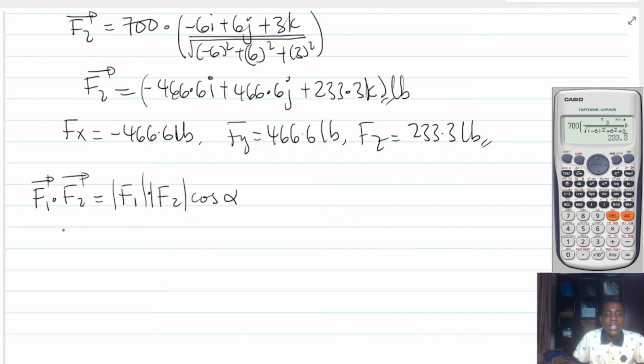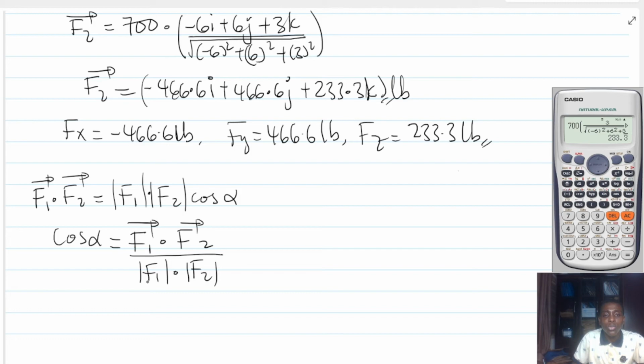In other words, cosine alpha is going to be F1 as a vector dotting F2 as a vector, and then dividing it by the magnitude of F1 multiplied by the magnitude of F2.